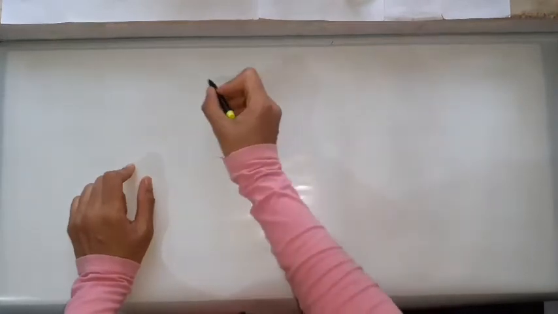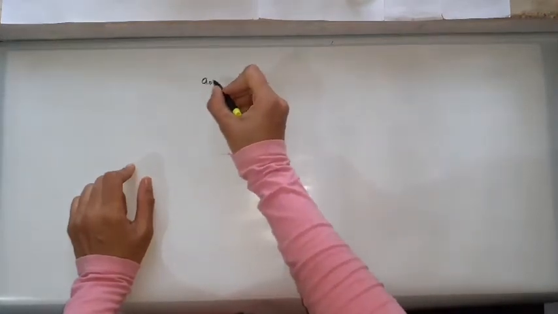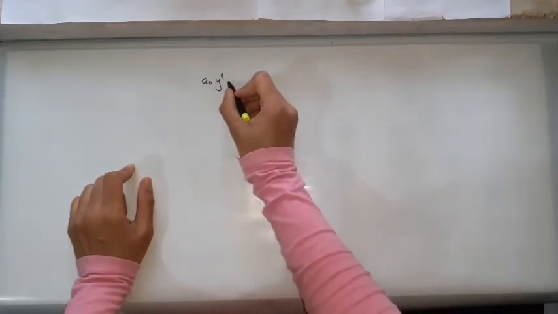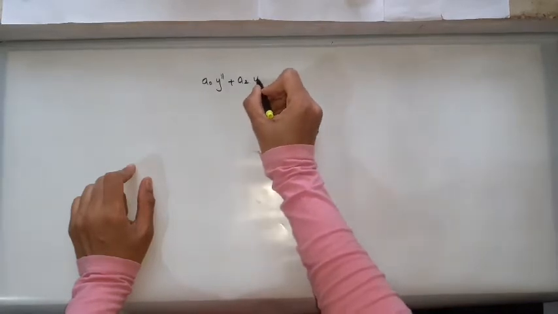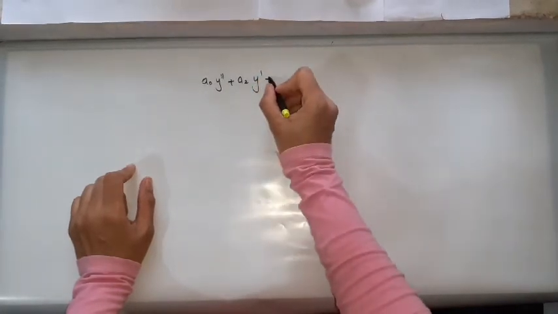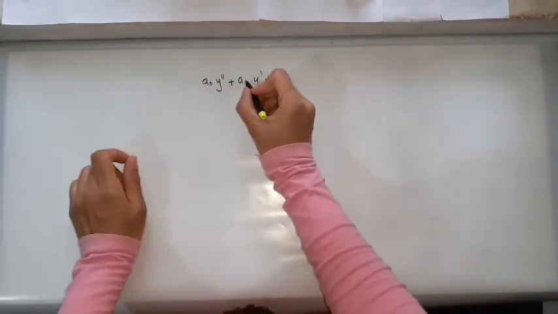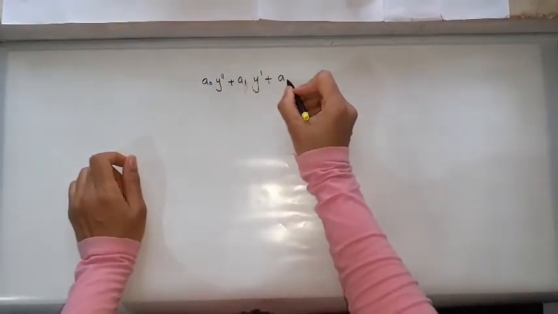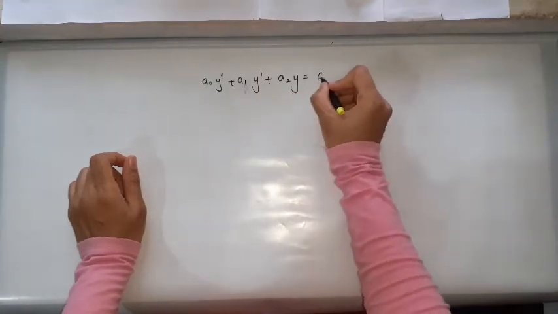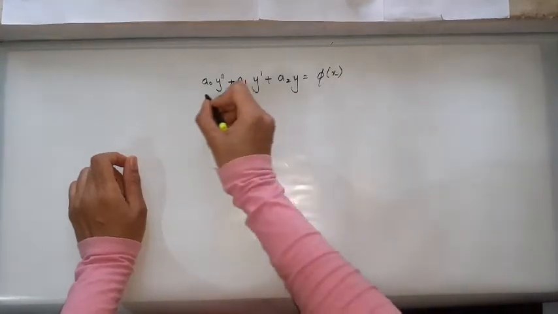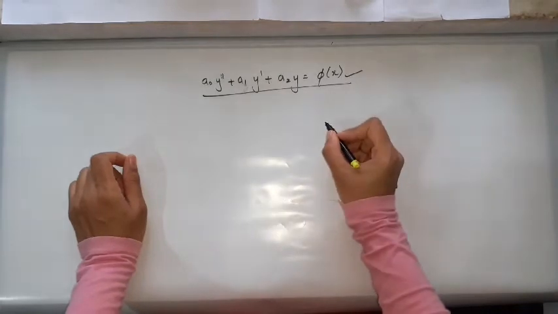For instance, just consider A0 y double dash plus A1 y dash plus A2 y is equal to phi of x. As you see, if this phi of x is not equal to 0, we say it is a non-homogeneous differential equation.